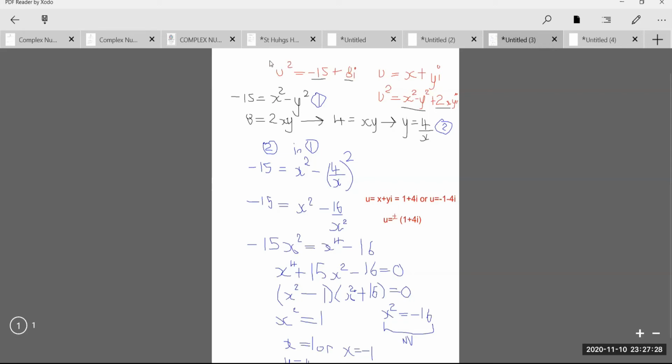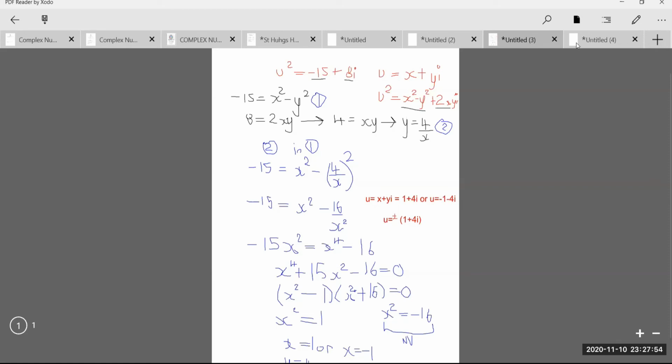So if we square root both sides, we get the square root of u squared, which is u, and u is the square root of negative 15 plus 8i. We found it, and u is 1 plus 4i, or minus 1 minus 4i. You see it?